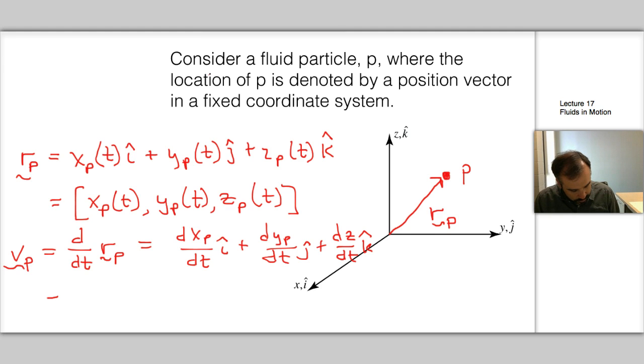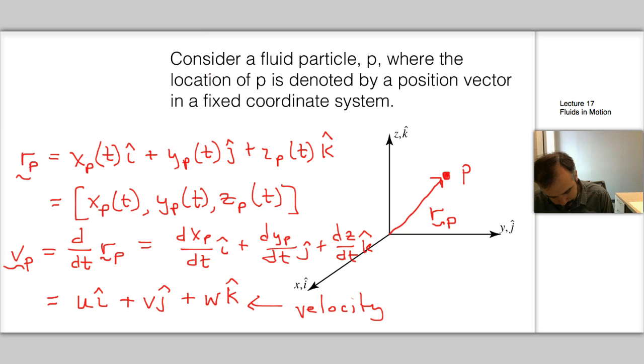So we can write that in a shorter notation, and the velocity vector becomes u, which is the velocity in the x direction, i hat, plus v, the velocity in the y direction, j hat, plus w, the velocity in the z direction, k hat. And this here defines our velocity vector.